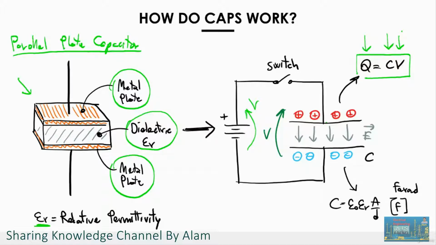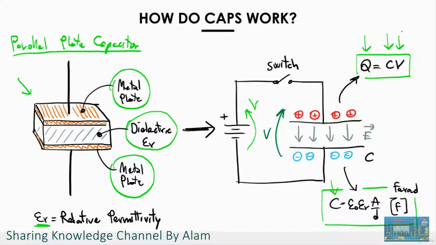The second equation that we want to discuss is down here, and it defines the value of the capacitance for a capacitor of a certain geometry and made of certain materials. The formula says that the capacitance C is equal to epsilon 0 multiplied by epsilon r, where epsilon r is the relative permittivity, whereas epsilon 0 is the permittivity of vacuum.